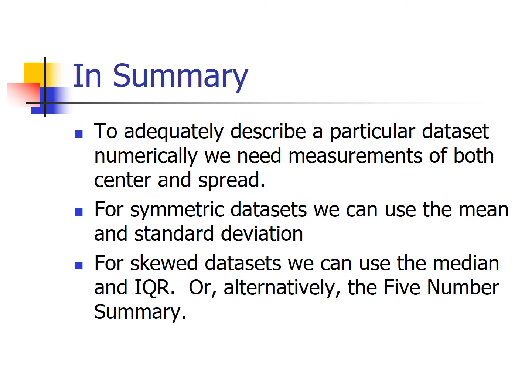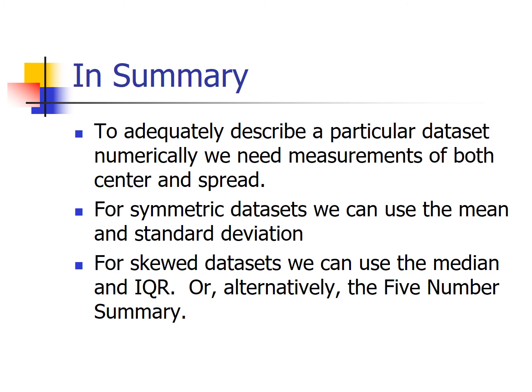So symmetric data sets, it's no problem. For symmetric data sets, the mean is a very reasonable way of describing average. So for symmetric data sets, we use the mean and we pair it with the standard deviation. Now, if we have a skewed data set, well, we saw an example, right? The Michael Jordan example, where the mean is inappropriate. It gets distorted by the handful of big or small numbers.